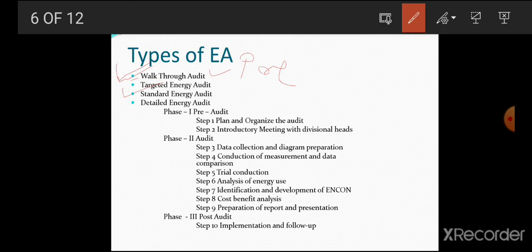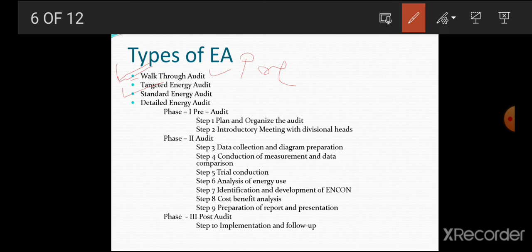There are standard procedures we need to follow in this audit, which can ultimately lead to cost effectiveness of appropriately selected energy conservation measures. So what are the standard measures which can be used?